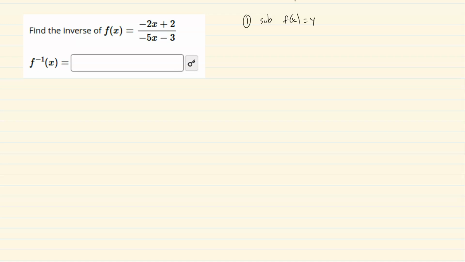So after the first step we would get y equals negative 2x plus 2 over negative 5x minus 3. Now, the second step, and this is most definitely required, is that we need to swap x and y around.